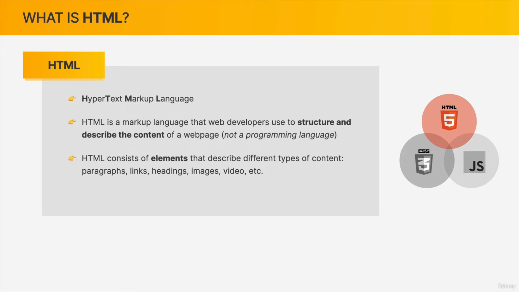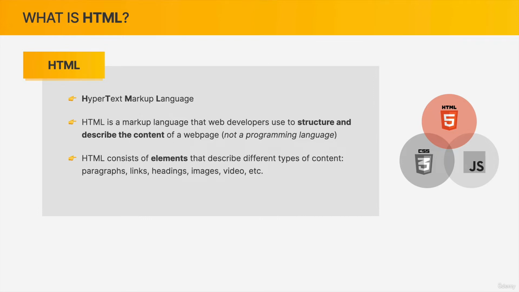And so we use the P element there to create a paragraph. But we really have all kinds of different elements. So elements to create links, to create page headings, images, video, and a lot more, as you will learn throughout this section and basically throughout the entire course.